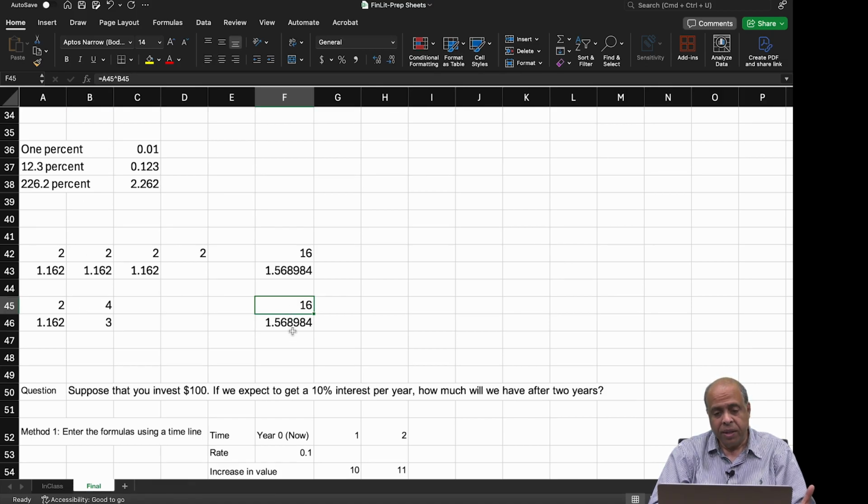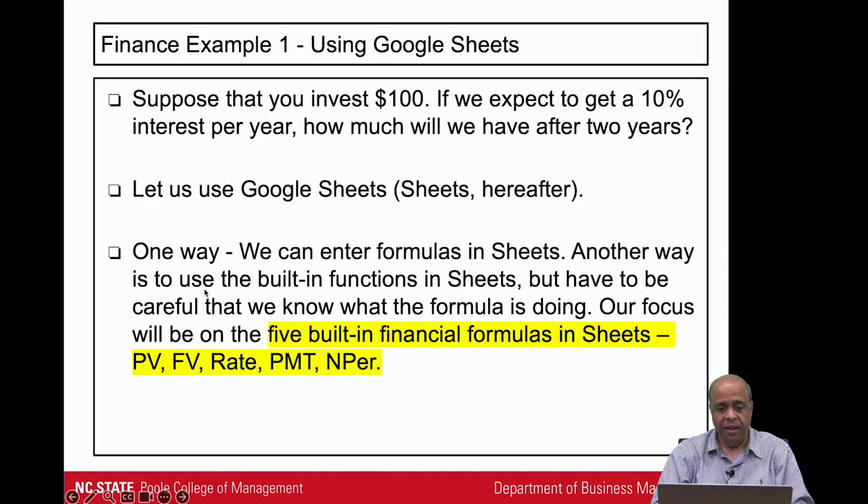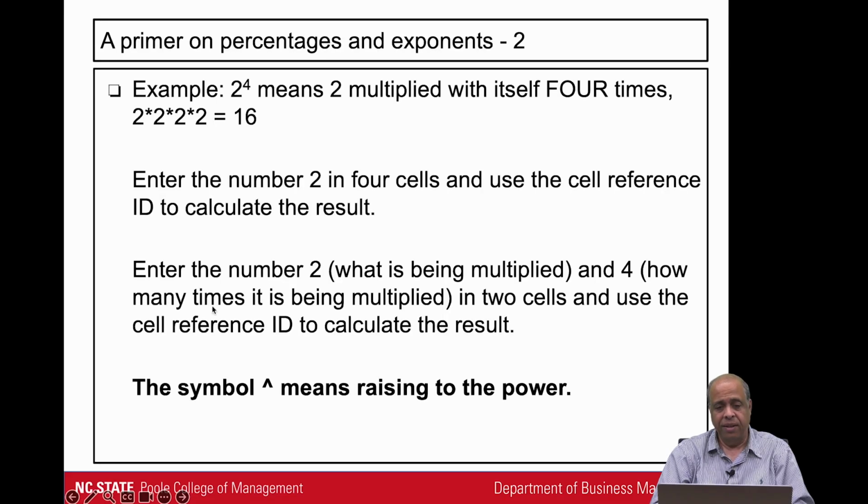Similarly, for the next one, I will only enter these two numbers, which is 1.162 and 3. This is the number I'm going to multiply 3 times. So what will I do? I'll say equal to this value followed by the raised to the power symbol 3. And you can see, because the calculations are correct, the numbers match what we had earlier. So this is how I can enter these kinds of raising to the power exponent calculations.